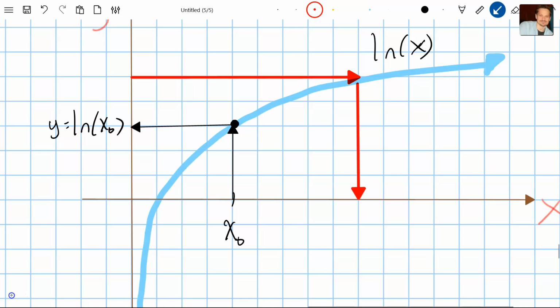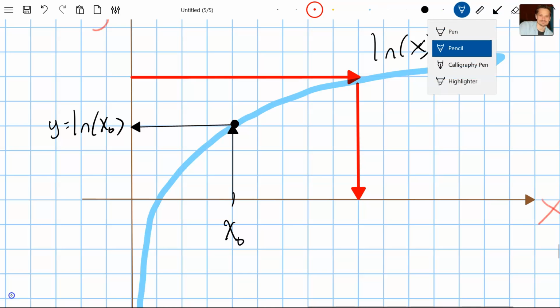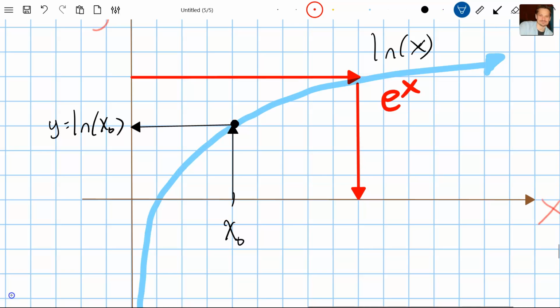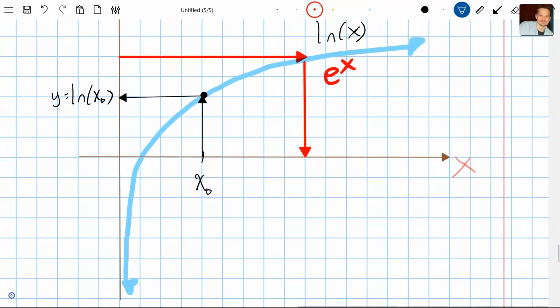We can read graphs in both directions. When you do that, essentially what we are looking at is e to the x. Why do we want to know that? Because it turns out that you really need just one graph, and depending on how you read it, you're either reading ln x or you're reading e to the x. That's all you need.